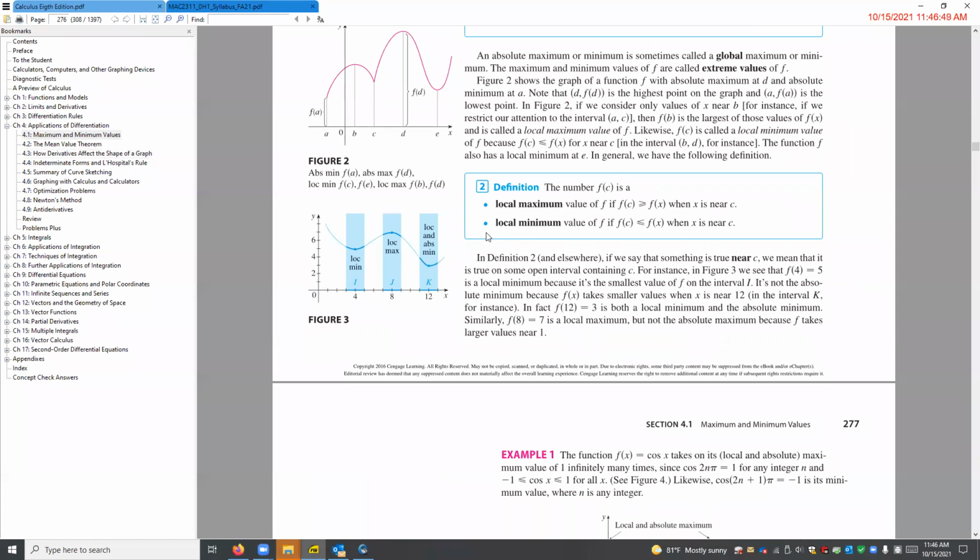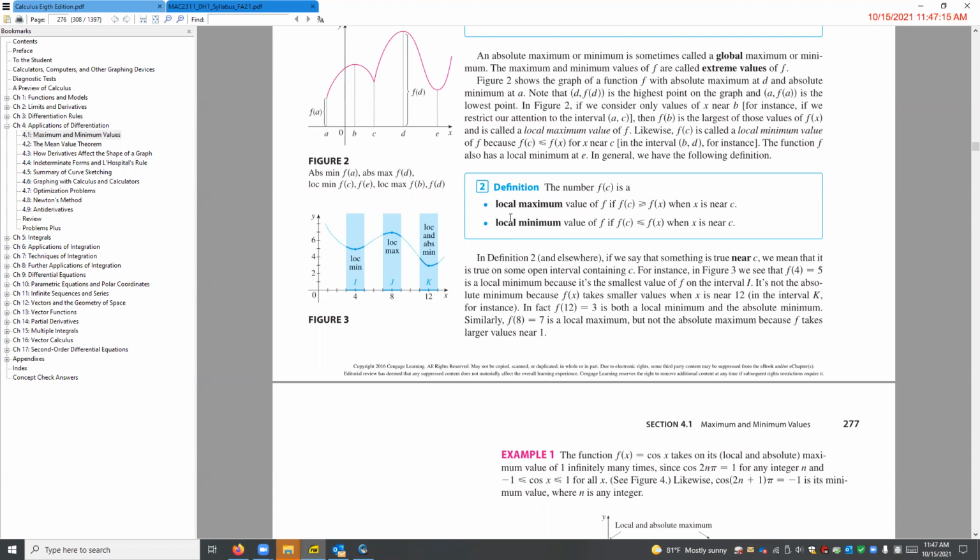And also the local maximum is both sides, left side and the right side, the points are less than f of c. But if it doesn't have one side, it's incorrect. It cannot be a local maximum or minimum.